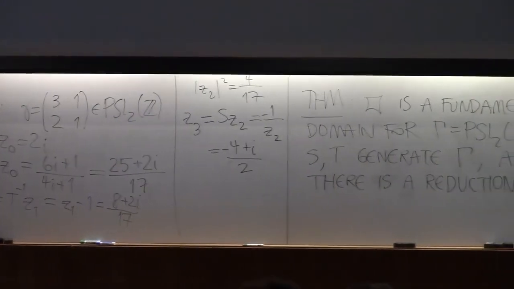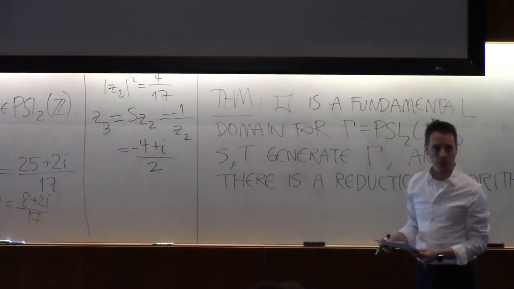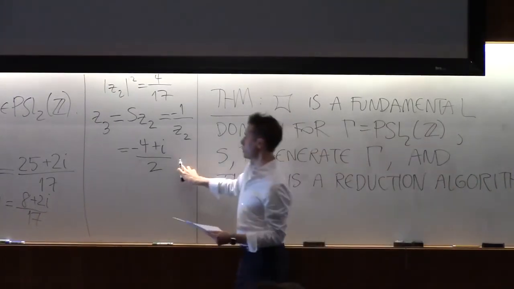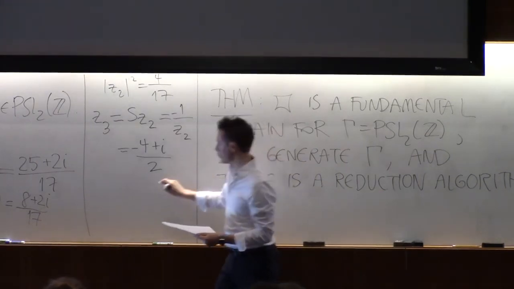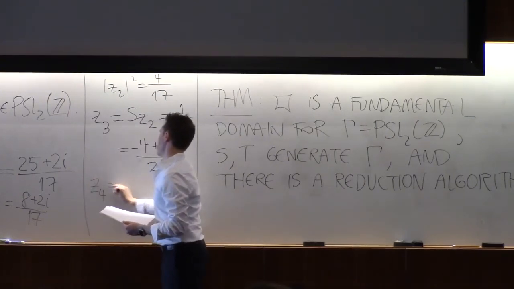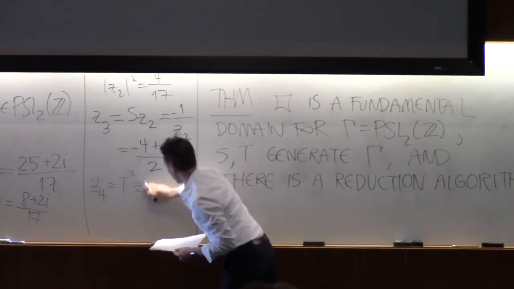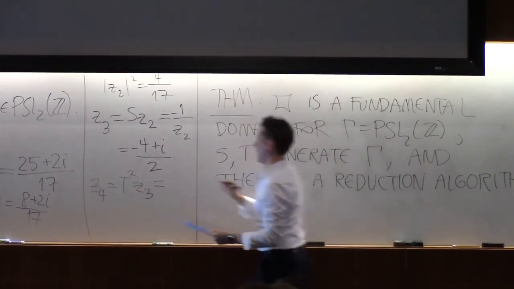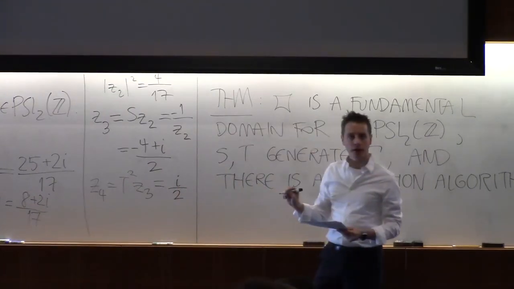And then you keep repeating. So the next step would be to translate again. What should I translate by? Add 2. So my z4 is going to be T squared z3. And the thing that will come out of that is now i over 2. Is that a coincidence?